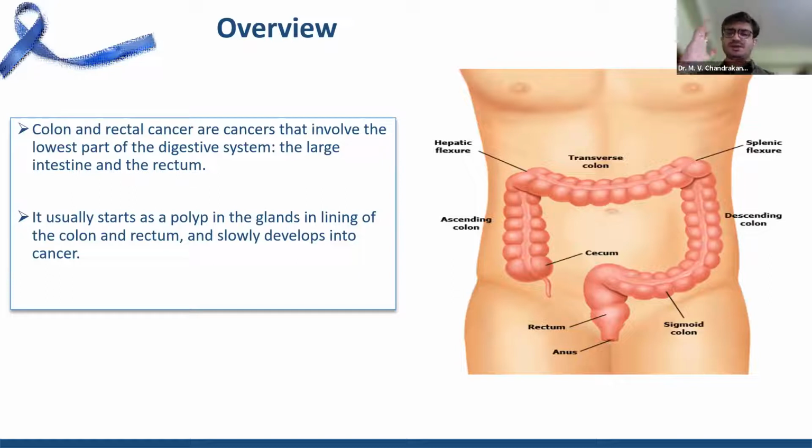So, right colon presents with weight loss, low hemoglobin, diffuse symptoms, whereas left colon presents with obstructive symptoms, and rectum presents with bleeding. So these are the important differences between different parts of the colon.